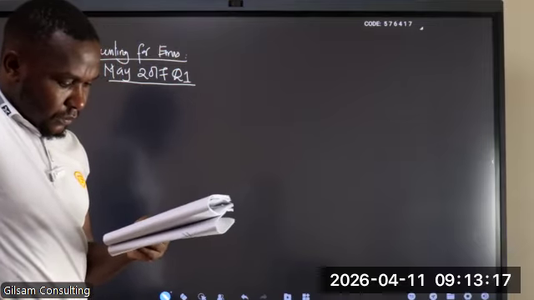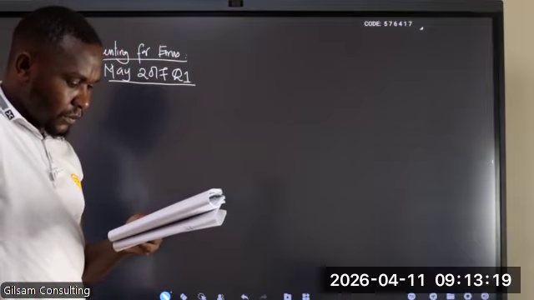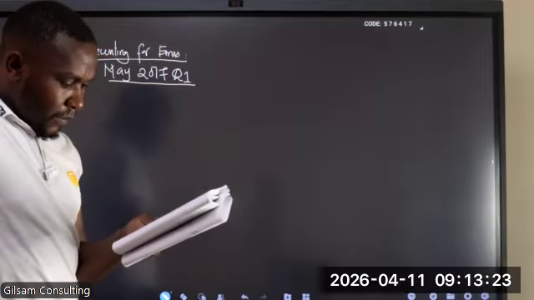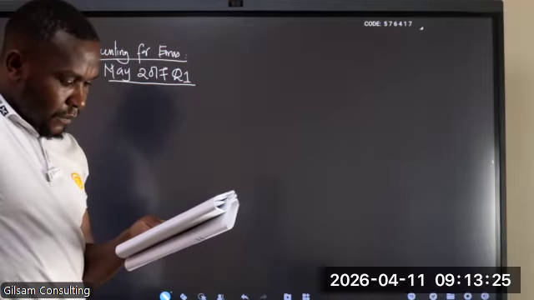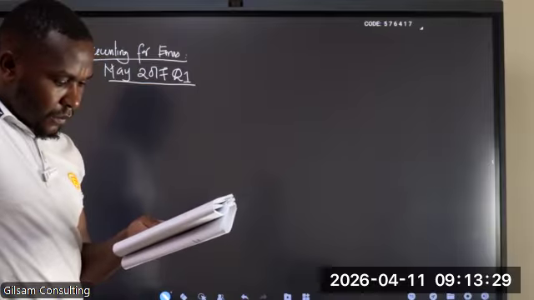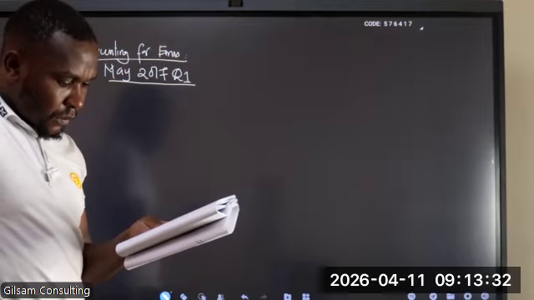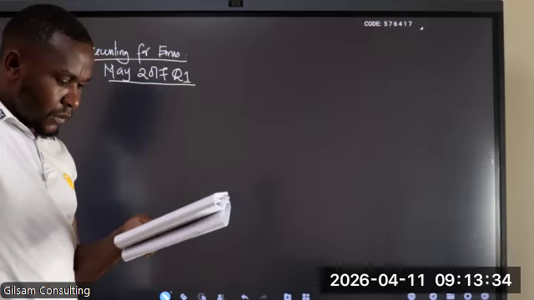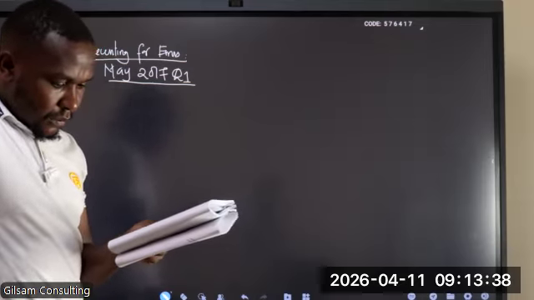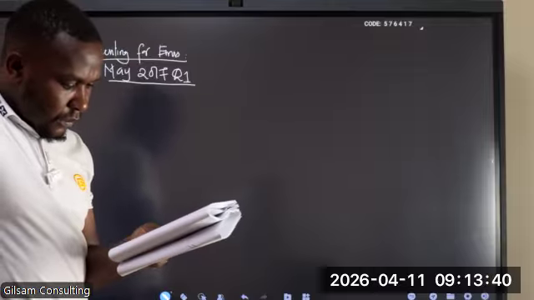You have been requested by the chief accountant of Mwenda Pole Limited to find out the cause of the balance in the suspense account. On investigating the books of account, we discovered the following. Number one, the cheque of 375,000 from a debtor was correctly entered in the cash book, but was posted in the wrong side of the debtor's account.